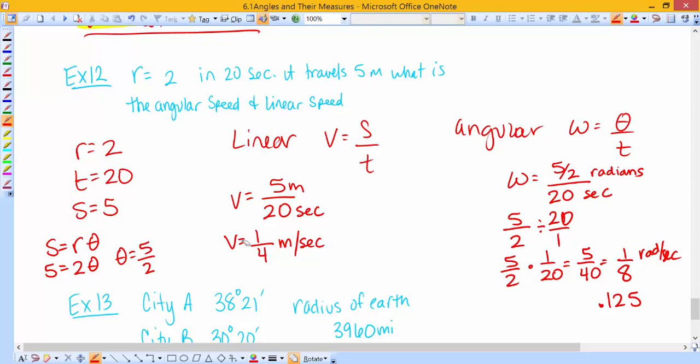Obviously you're going to move faster when you're moving linearly than you are angularly. But they're not that bad. They're easy formulas to use. They do find different things, so they're not going to be exactly the same. There will be differences, but be prepared for that. As long as you're plugging in and doing all of your work correctly, you should be fine.